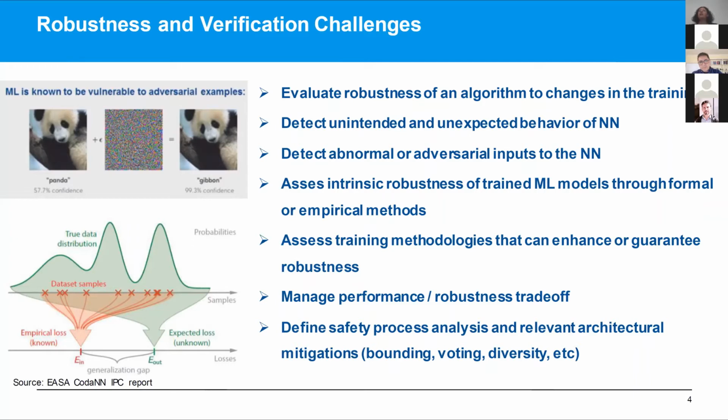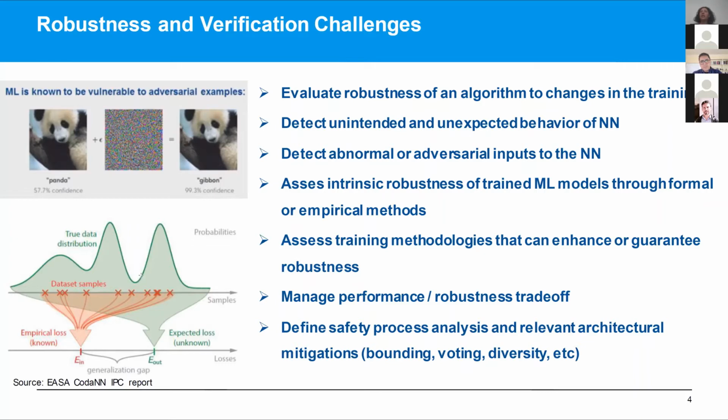But also we need to evaluate the robustness of a trained algorithm with respect to different data and to the adversarial inputs in particular. And also we need to assess the intrinsic robustness of these models through formal or empirical methods. So these need to be defined, and we need to give the means to make this assessment.